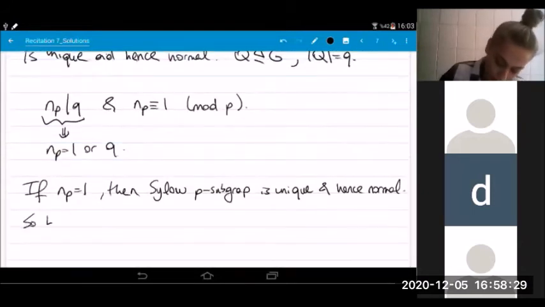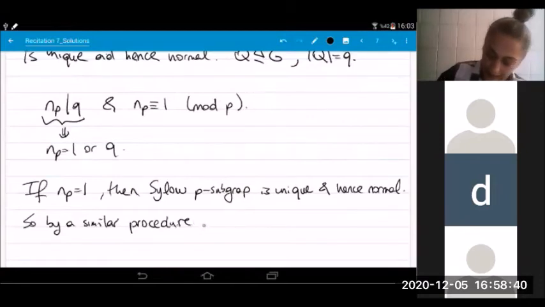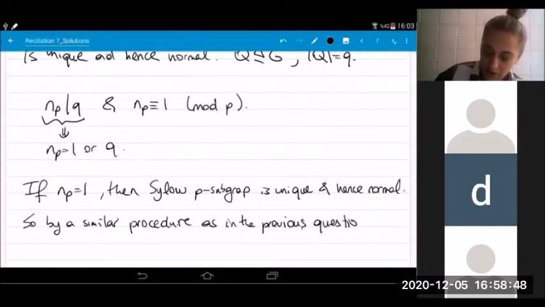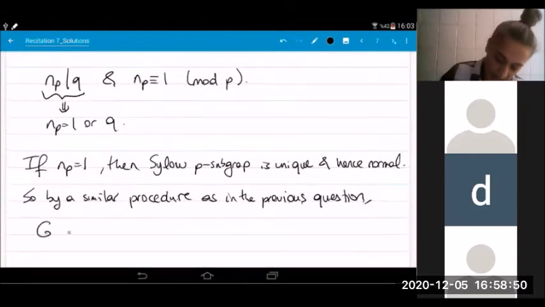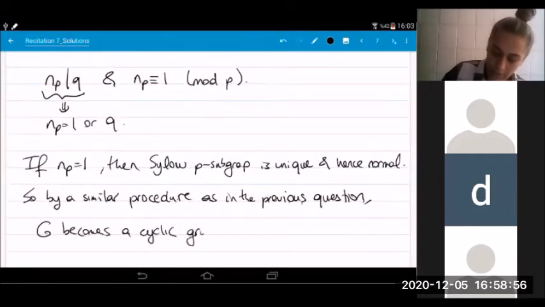By a similar procedure as in the previous question, G becomes a cyclic group, right?